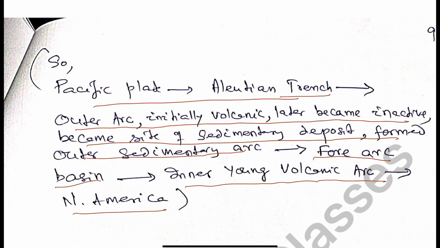In the case of the Aleutian arc, that took place in the Pacific Ocean towards the North American landmass, and if you take into account almost all the double island arcs of the world, they are found to be produced in this manner.